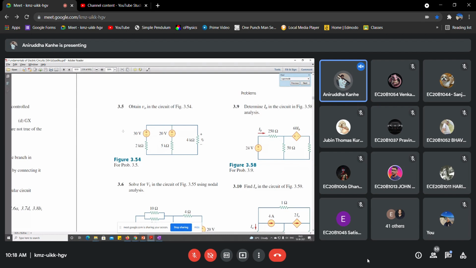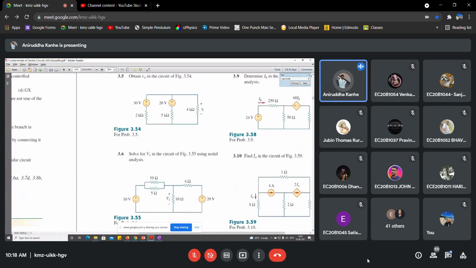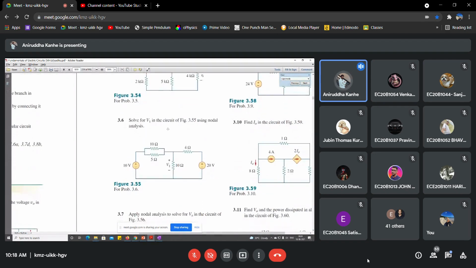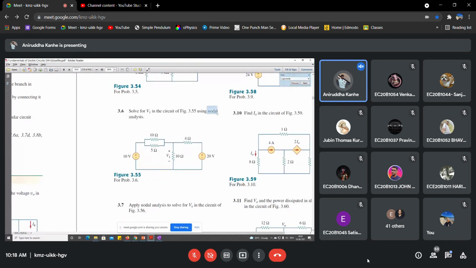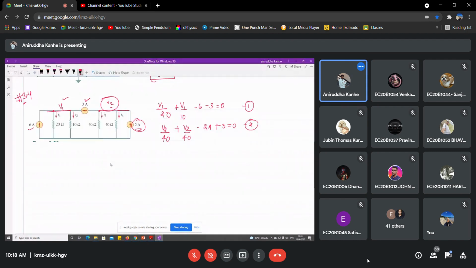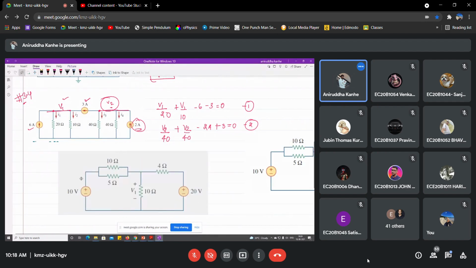So this 3.5 can be easily solved by the loop method, so I'm not going to discuss it at this moment. Once we are able to comprehend the questions with nodal analysis, then only we'll go for the loop. So I'll keep 3.5 aside for now. 3.6 is there, and it is mentioned already that it needs to be solved using nodal. So let us pick that and try to write the nodal equations for it.